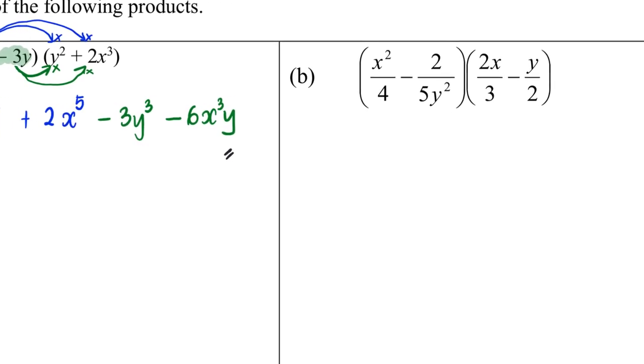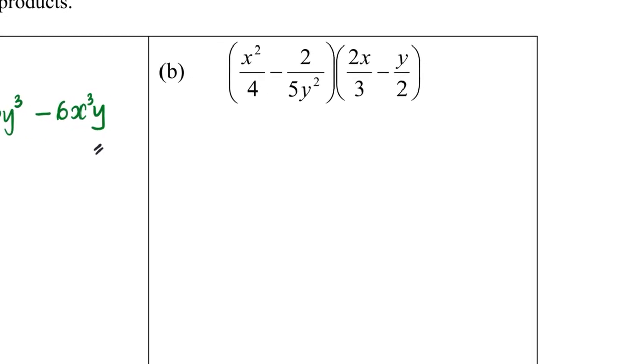Let's move on to part B. Again, applying the distributive law. This time round, the difficulty level has increased in that we are dealing with algebraic fractions. So just be mindful. When we multiply algebraic fractions or numeral fractions, the numerator is multiplied by the numerator.